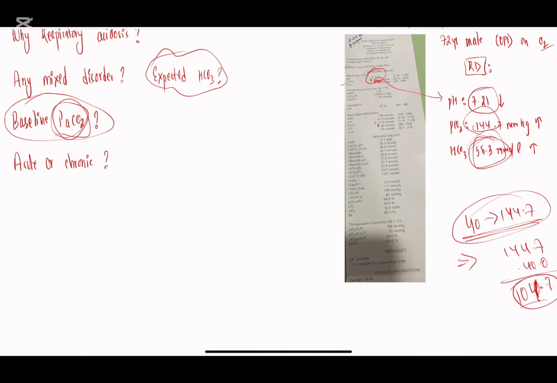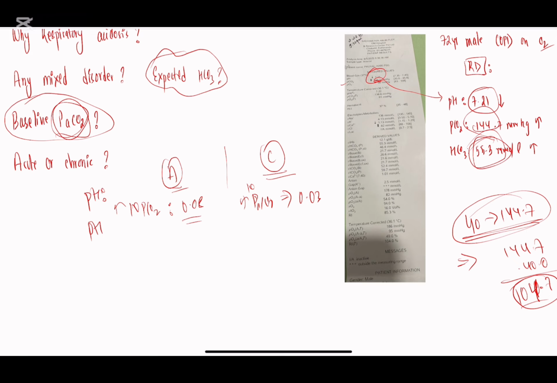Now let's check whether it is acute or chronic with respect to pH. We know in case of acute, for 10 increase in PCO2, pH will change by 0.08, and for chronic, for 10 increase in PaCO2, pH will change by 0.03.